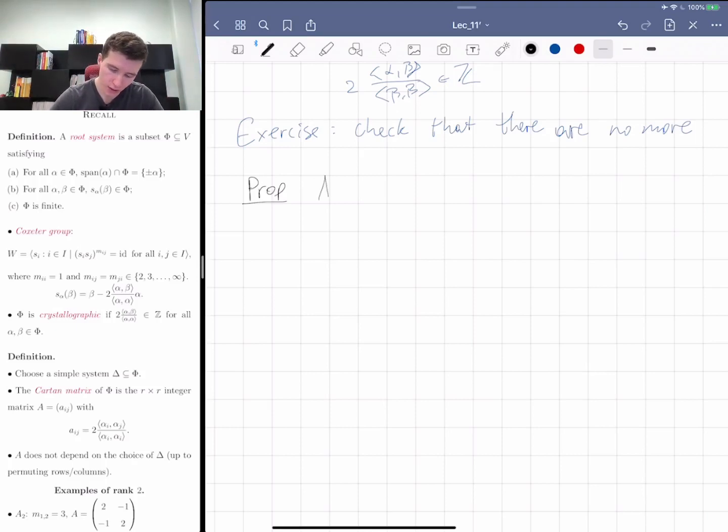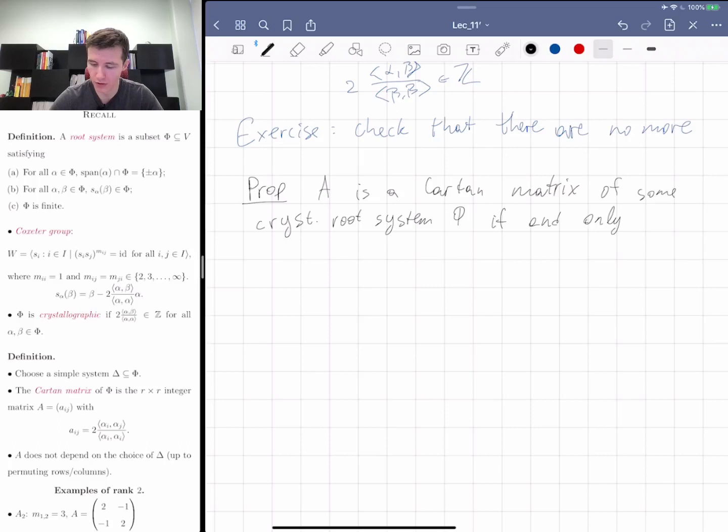Okay, so a square matrix A is a Cartan matrix of some crystallographic root system phi if and only if. So this is a pretty strong statement. It goes in both directions. If and only if it has the following properties.